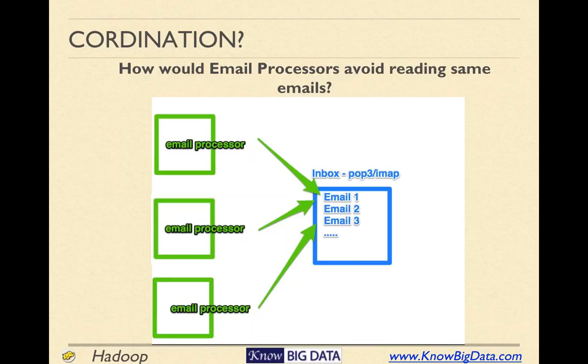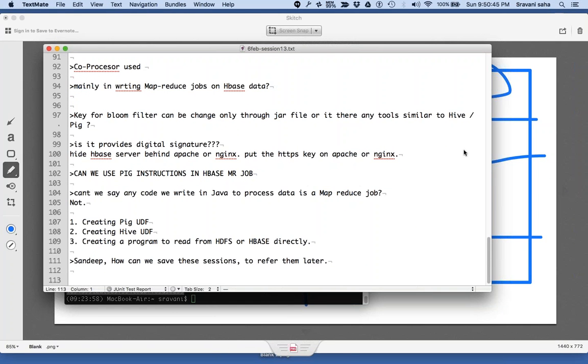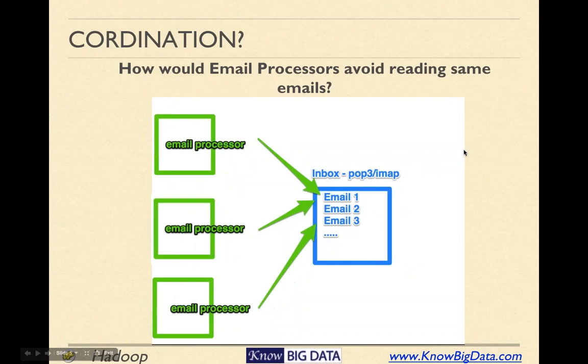How would you ensure that? Anyone, quickly? There are multiple email processors talking to the inbox, reading the emails and trying to index them or do whatever processing they want.